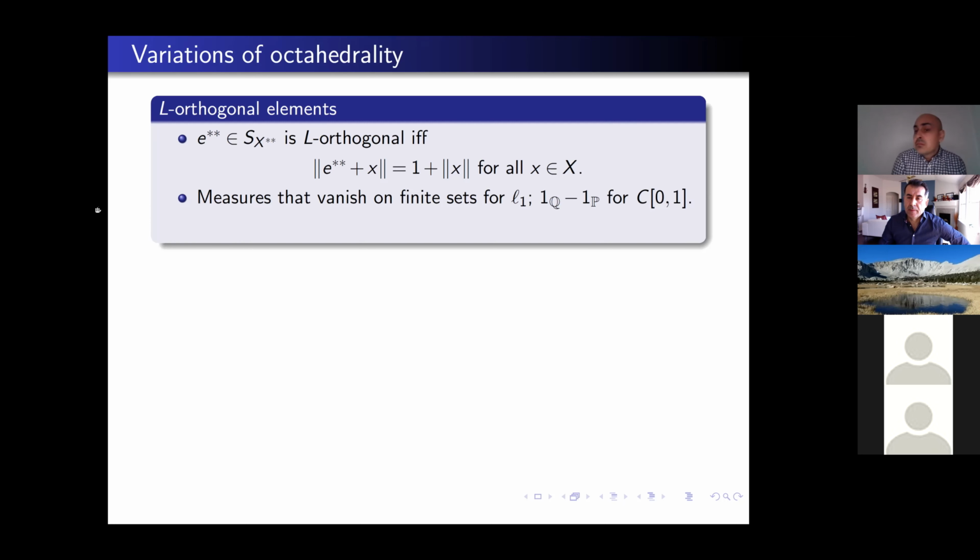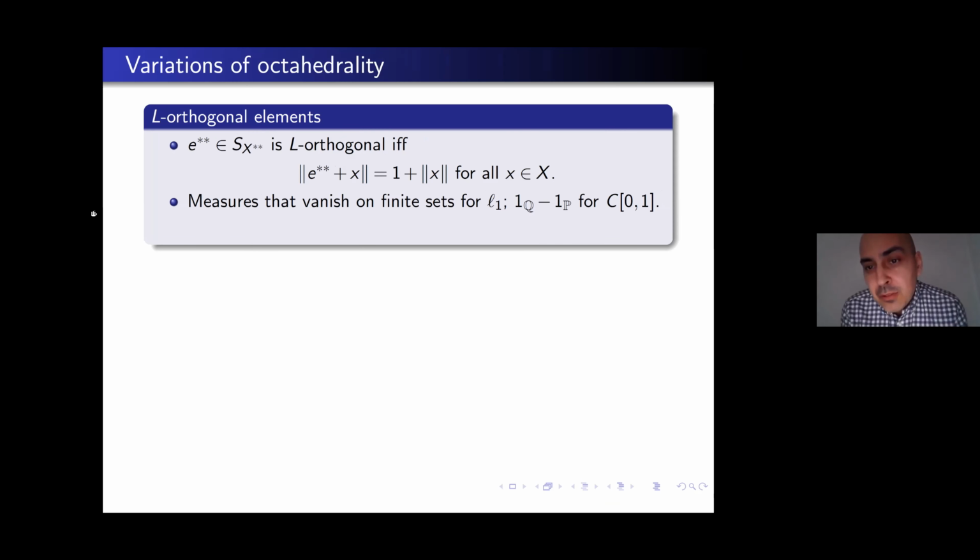And another example, just to get an idea of what's going on, is if you go to the Banach space of continuous functions on the interval [0,1], and you take the difference of the characteristic functions of the rationals and irrationals. So you take a function which is 1 on the rationals and -1 on the irrationals.